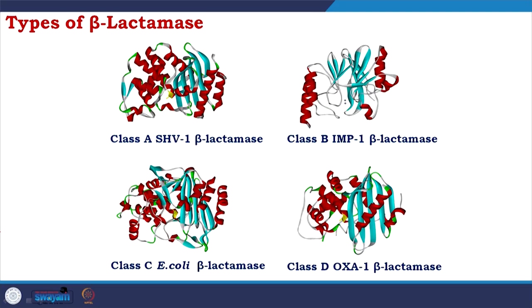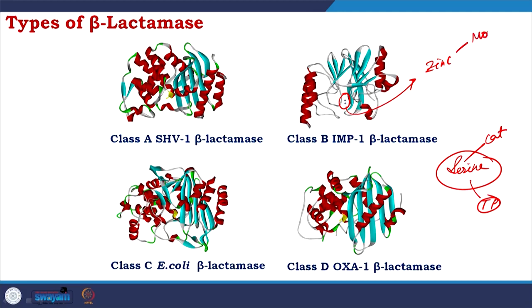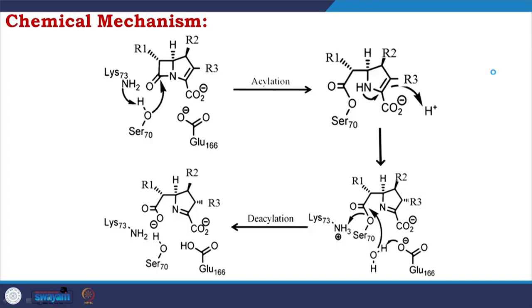The class A, C and D work through the serine residue as the catalytic residue, as I talked about in transpeptidase, whereas in class B these two dots are zinc. So, they have monozinc and dizinc, one zinc or two zincs.